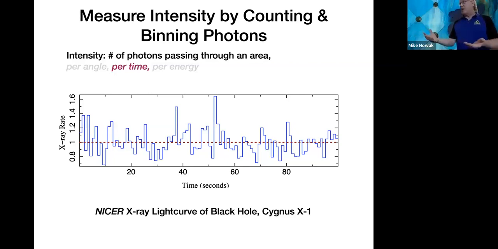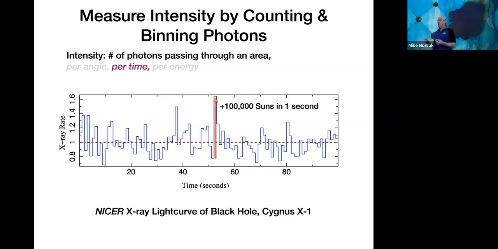Because X-rays are very energetic and I can count how many we have here, I can tell you that in that 1 second bin, that's not noise, that's a real fluctuation. That is essentially the equivalent of 100,000 suns turning on in the X-ray in the span of 1 second.